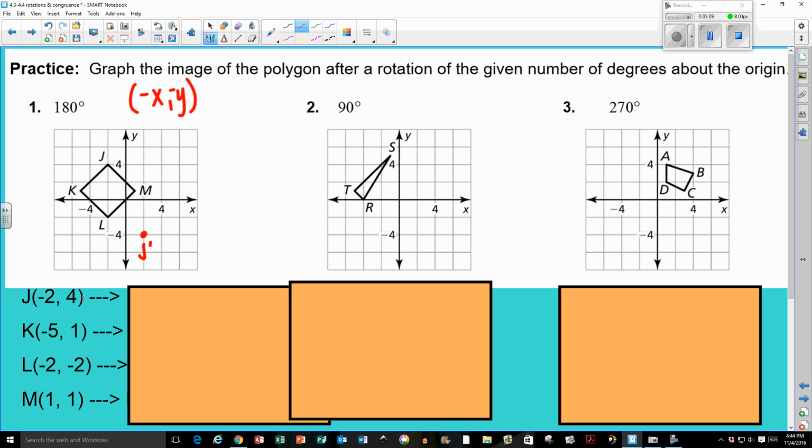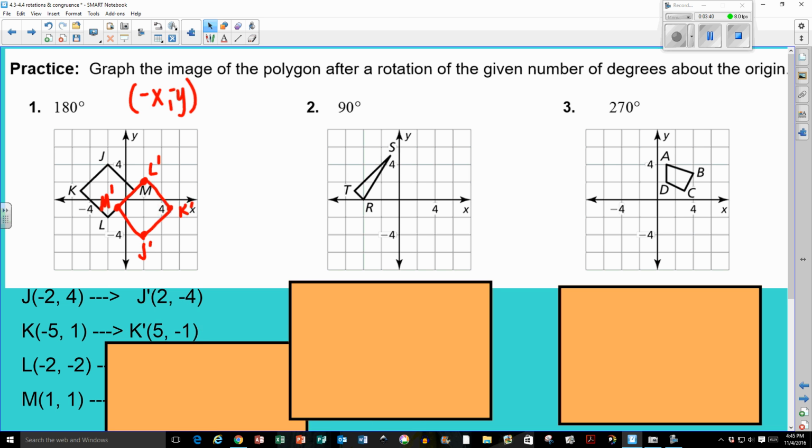This one would be 5, -1. That would be K prime. This would be 2, 2. And M would become -1, -1. That would be M prime. And then, of course, I would connect them. And that would be your points. So you would just switch them around like so.